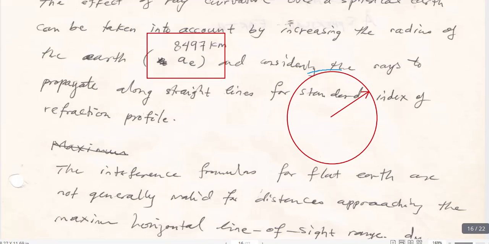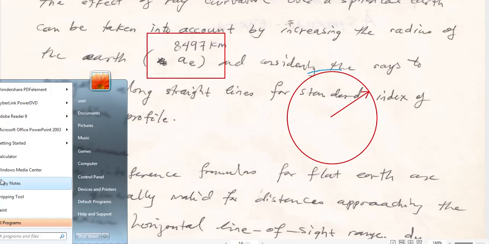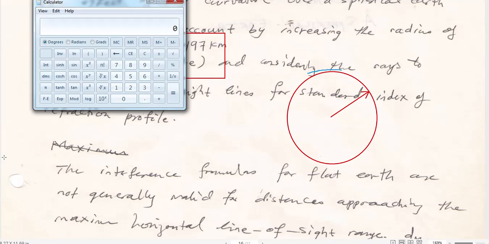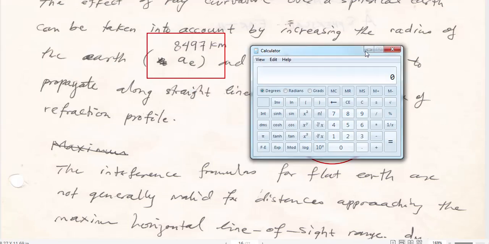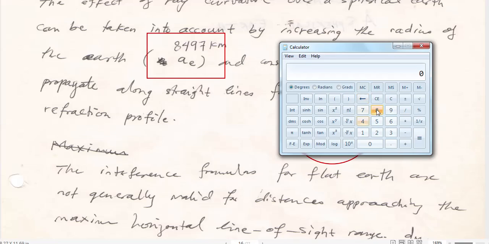Let me calculate it here. See the calculator. Okay, it is 8,497 times 0.75. This is the radius of the earth.